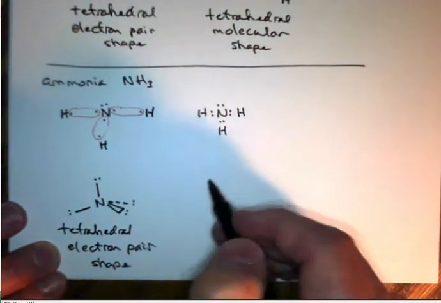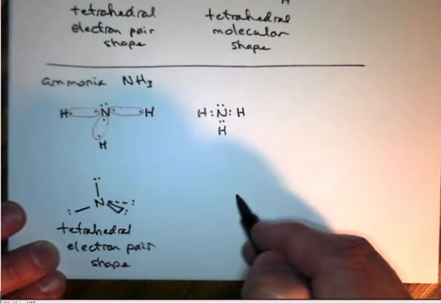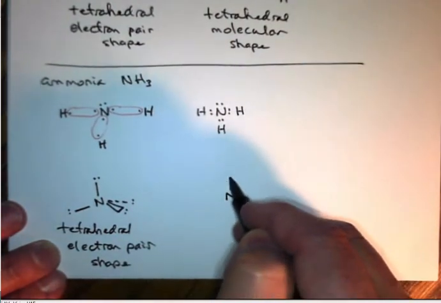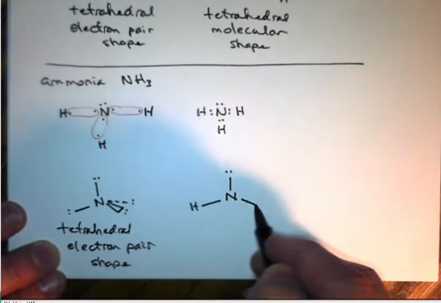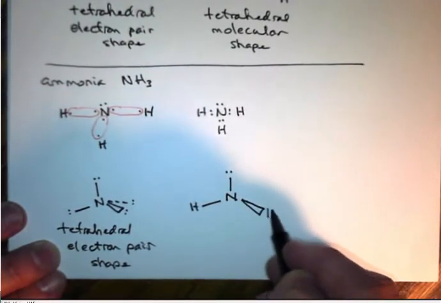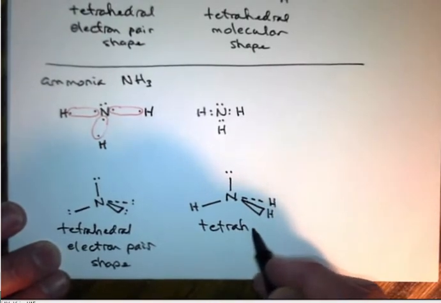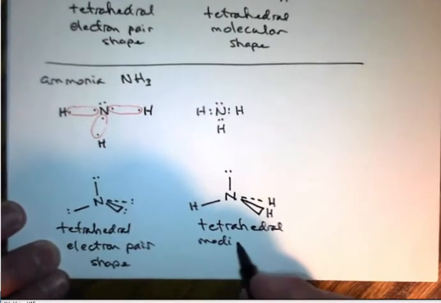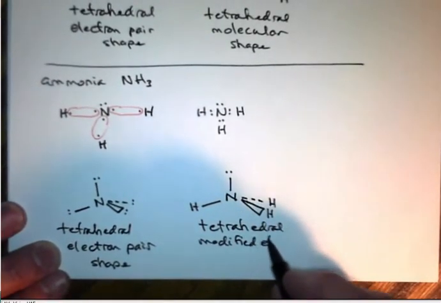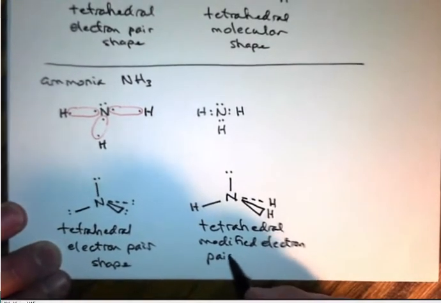And I need to replace 3 sets with a hydrogen. And this is still tetrahedral because there's 4 equally spaced angles here. But it's modified. A modified electron pair shape.